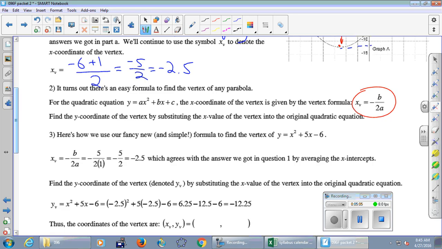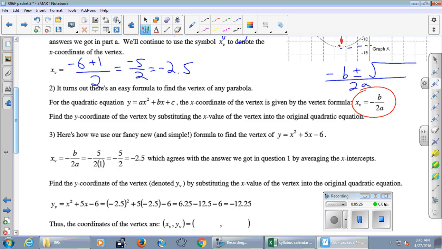A is the number touching which term? X squared. B is the number touching X, right? Same A and B that we had before. Notice that C doesn't appear in that formula. It's just negative B over 2A. In fact, negative B over 2A is part of the much bigger quadratic formula.